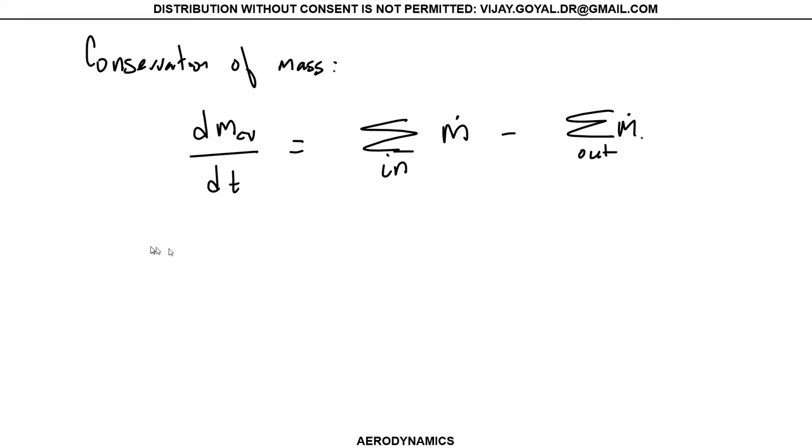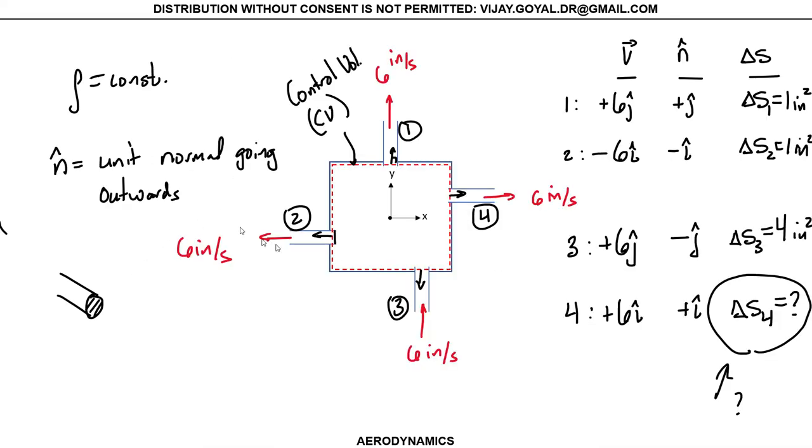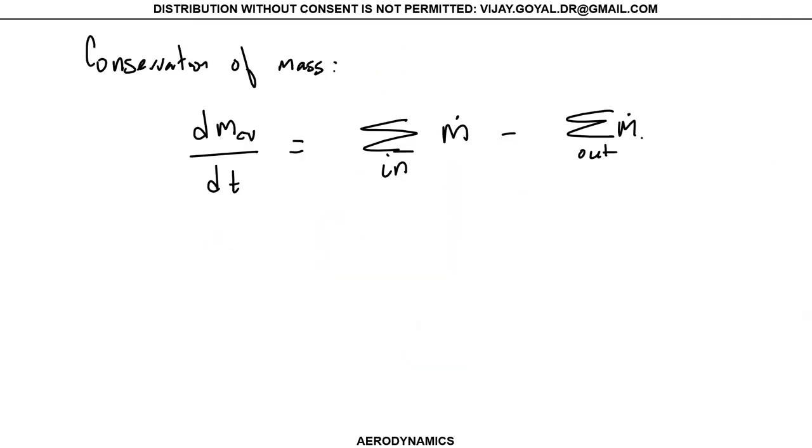Okay, so in our particular problem, you can see that the mass of the system, when my control volume is not changing and my density is the same, is therefore the same. So if this is constant and my control volume remains constant, the mass of the control volume will also remain constant.